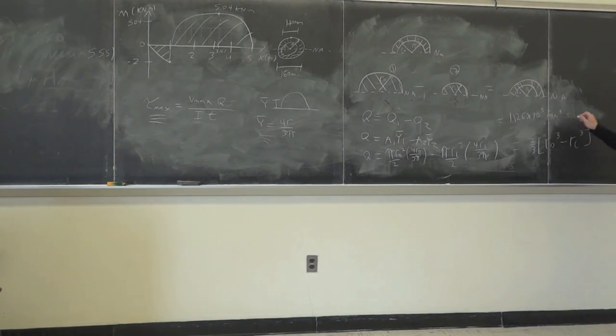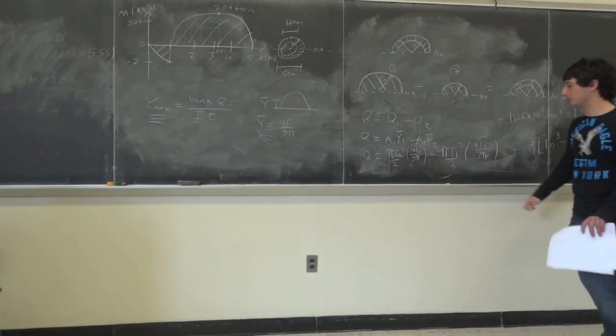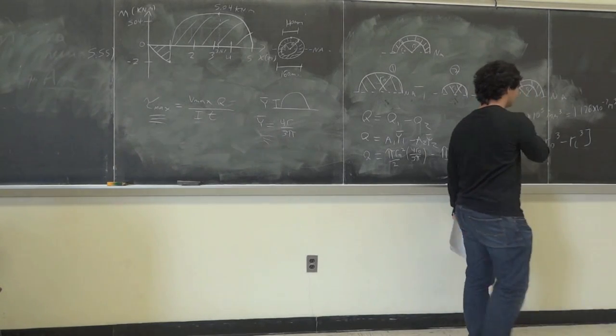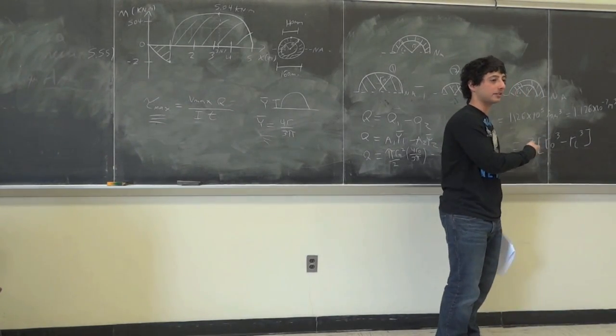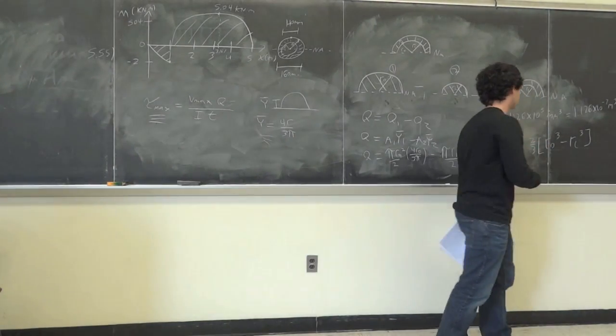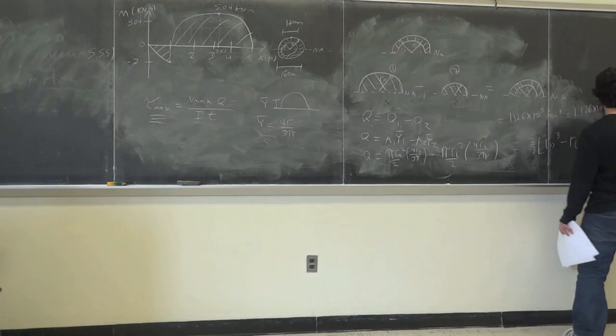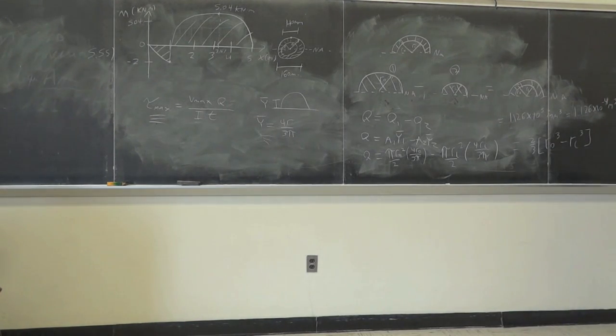So what is that in meters? It's times 10 to the negative 12... you have to divide it by 1,000 cubed. Sorry, negative 4. So it will be 1.126 times 10 to the negative 4 meters cubed. Okay, so this is Q, right?